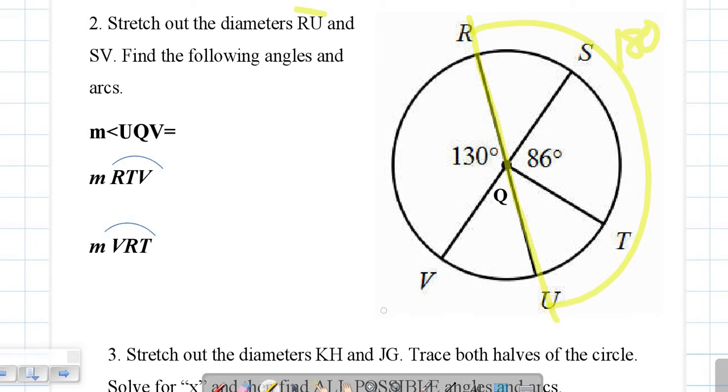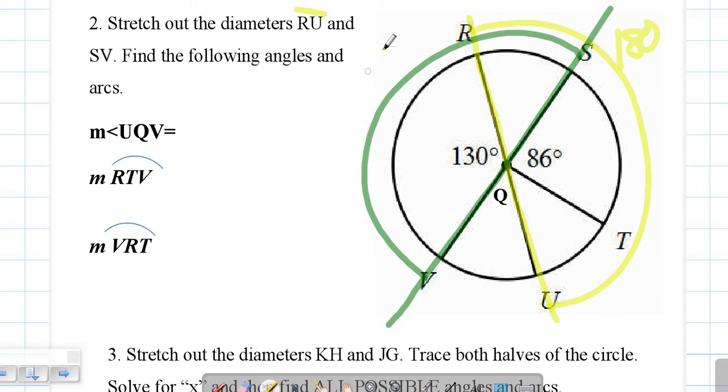And SV, trace, stretch, sweep. Now watch the notation very carefully. The first thing we're going to find is the angle UQV. So we go U to Q to V. Now find that angle.